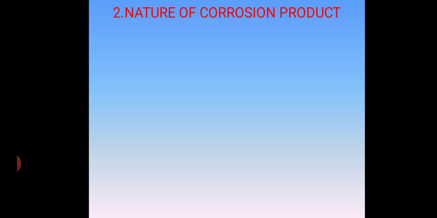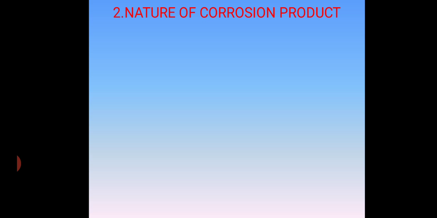Whatever the first product formed, which was iron hydroxide, it will act as a protective layer on the surface at the beginning, but when it is exposed to more and more moist atmosphere, temperature, and different entities of the medium, it undergoes further corrosion.